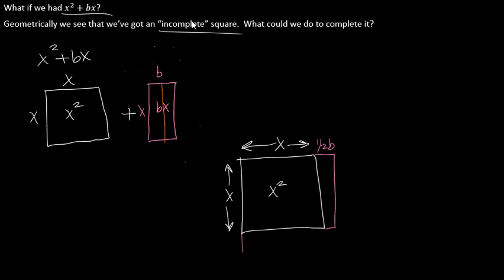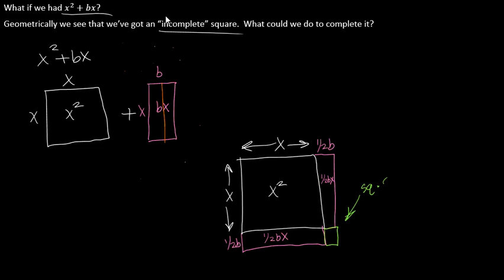And same thing over here. This side length is also equal to 1/2 of b. Okay, so what I've got is 1/2 of b times x, 1/2 of b times x, and I'm left over with a little missing piece right here that would complete my square.